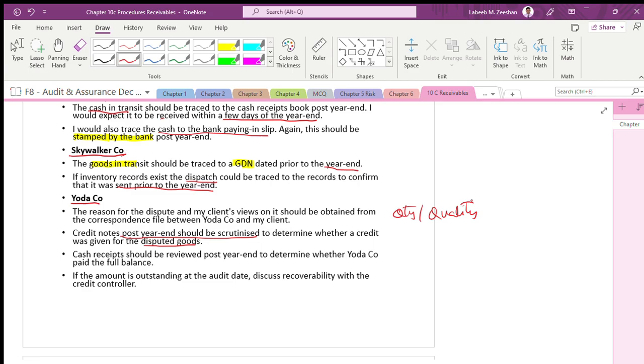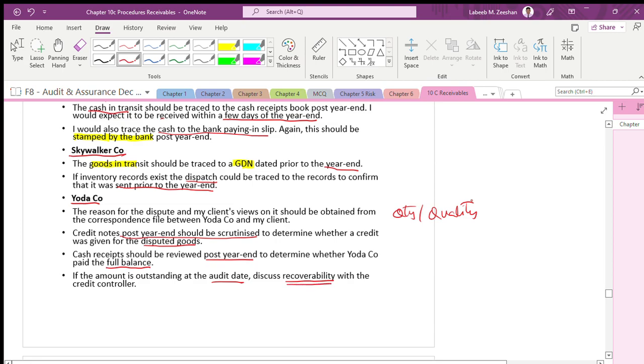Cash receipts should be reviewed post year end, and we have to determine that the client has paid the full balance. Are there any disputes with respect to payments and receipts? If the amount is outstanding on the date, discuss when we are going to recover.